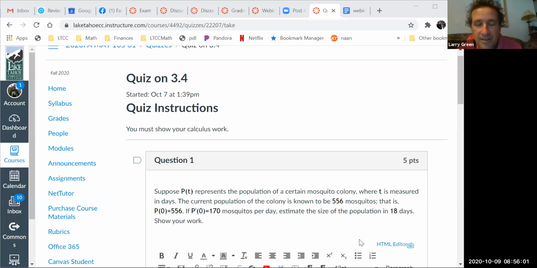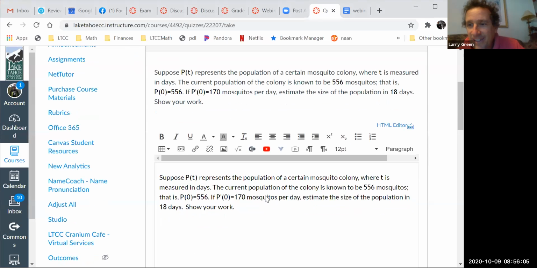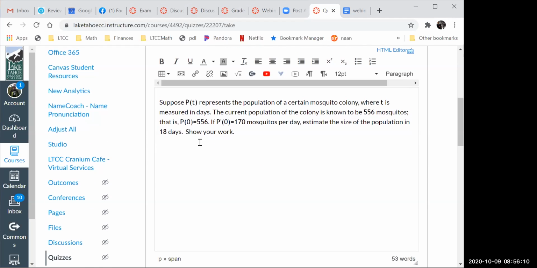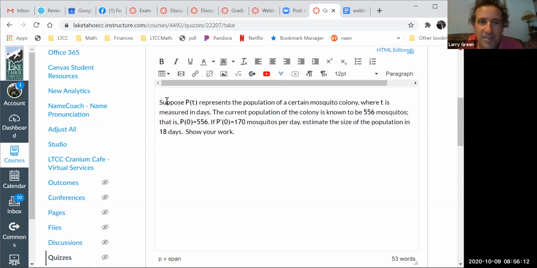Okay, so let's do question one first. And hopefully you all recognize question one. The numbers are different probably because they're randomized, but the words are the same. So suppose P of T represents the population of a certain mosquito colony where T is measured in days.